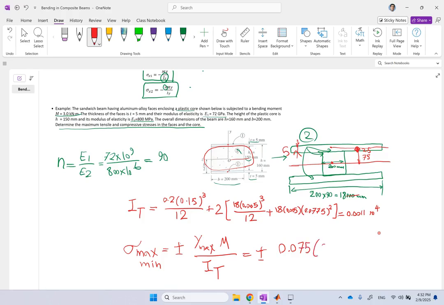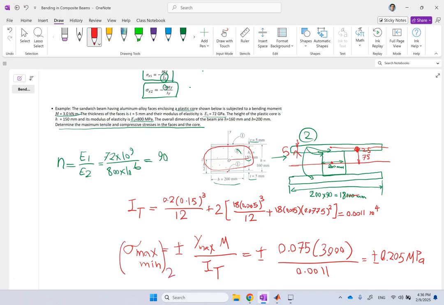M is 3 kilonewton meter or 3000 newton meter. And I is this number. So whatever you get is going to be in Pascal. So it is going to be plus and minus 0.205 megapascal. Okay, so this is plus and minus. This is maximum and minimum, or maximum tensile and maximum compressive stress within the plastic. This is for section 2.